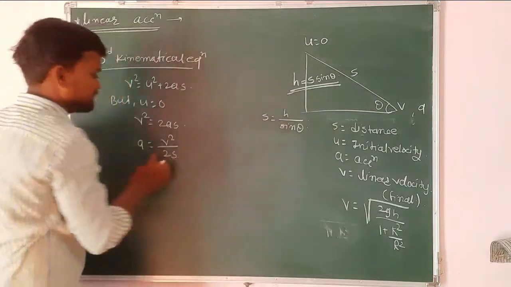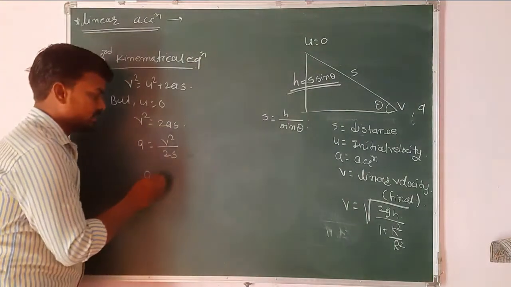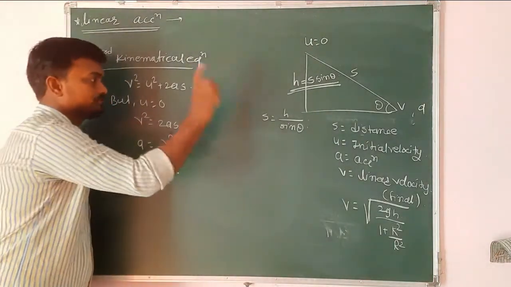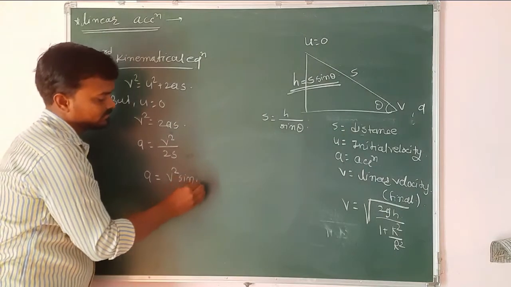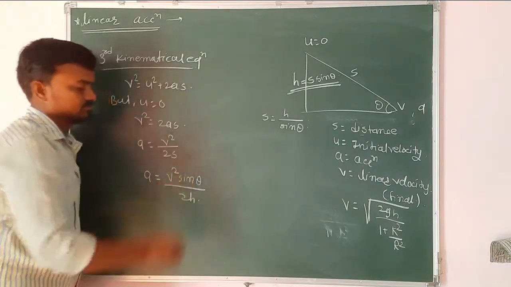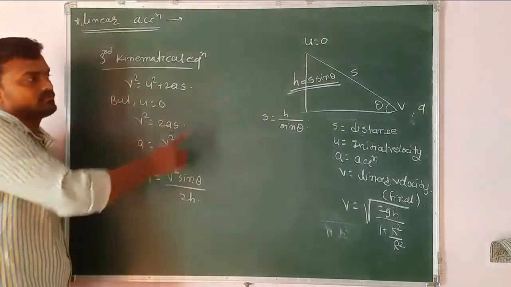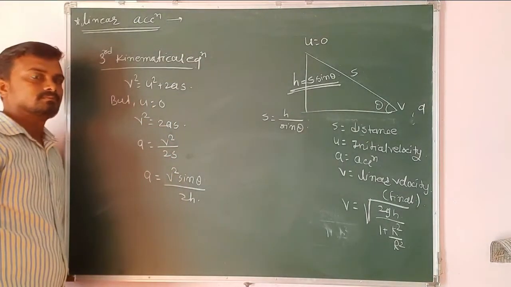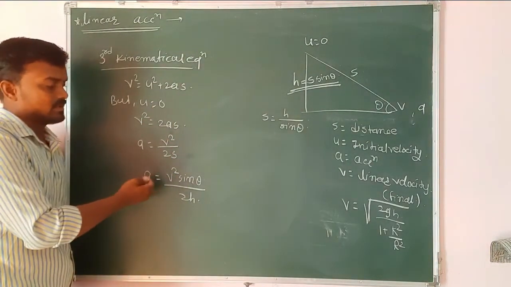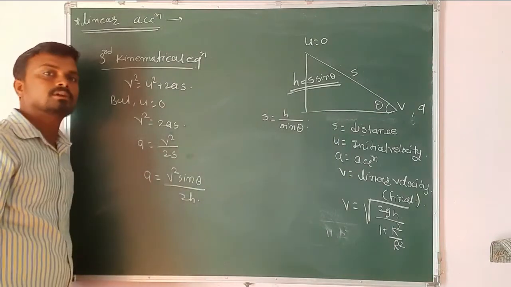Put this value of s in the equation a is equal to v square by twice s. At the place of s, we put h upon sin theta. By putting the value of s, we get a is equal to v square sin theta upon twice h.